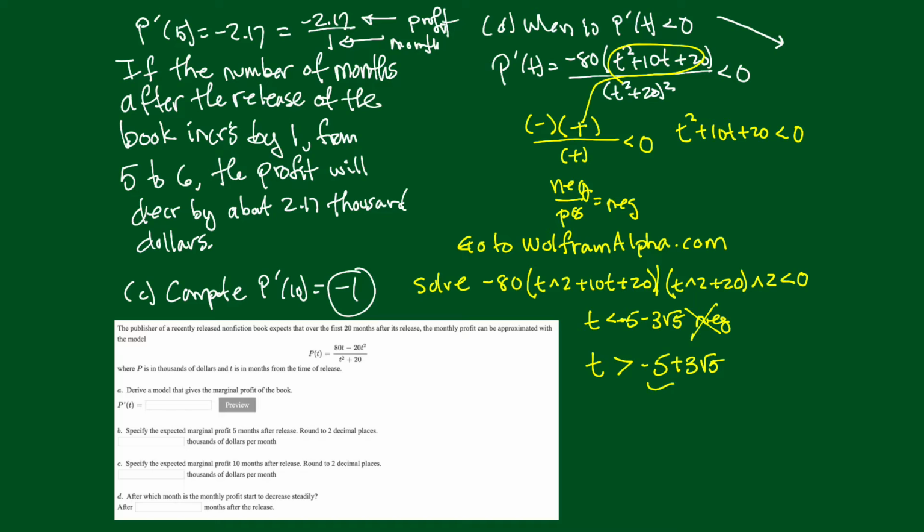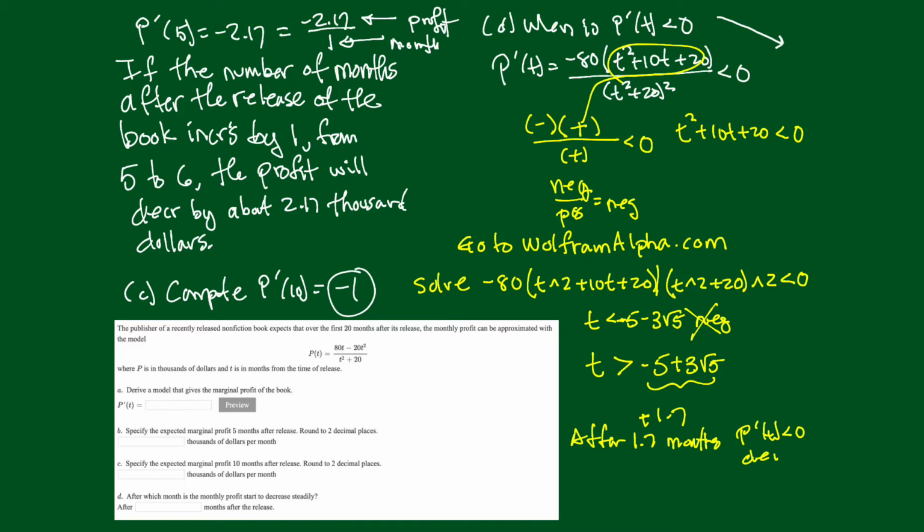Now, on my calculator, I found that to be this number right here, 1.7. All right, so what it means is that after 1.7 months, I'm sorry, that's positive. So after 1.7 months, P prime of t is negative.